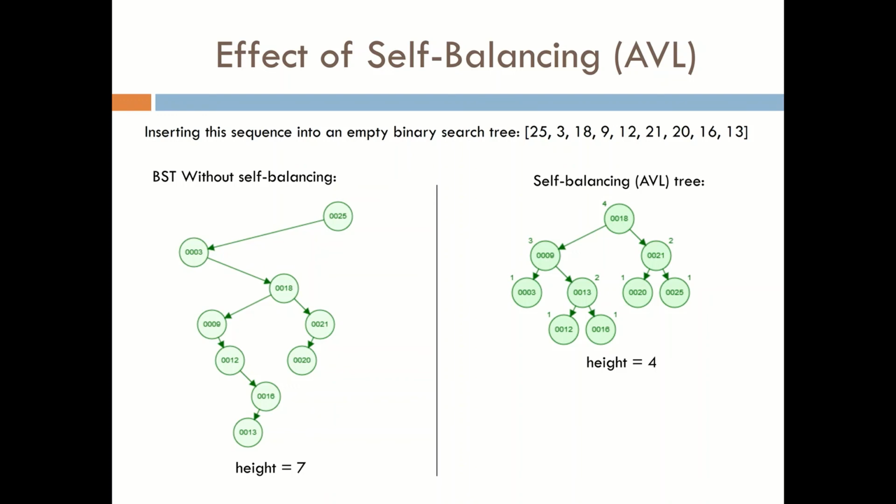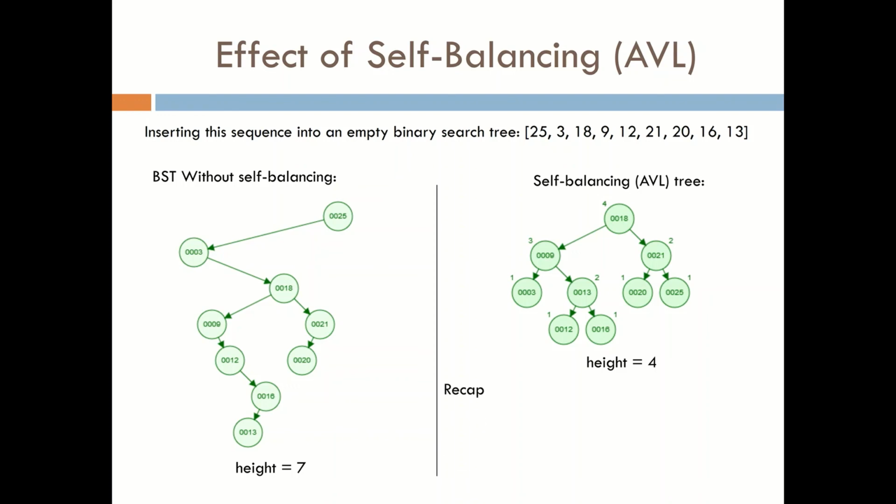But the maximum number of comparison levels here is 4, and I would actually find the value 13 after comparing it at level 1, 2, and 3. So you can see that the AVL algorithm helps us retain the binary search tree structure that makes it easier, i.e. faster, to search for values in a binary search tree.